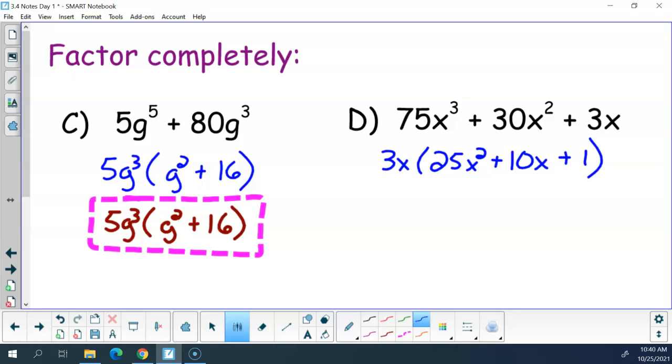Okay. 25x squared plus 10x plus 1. We should try and see if we can factor that one. So 5x and 5x, you say? Okay. And ones and ones?